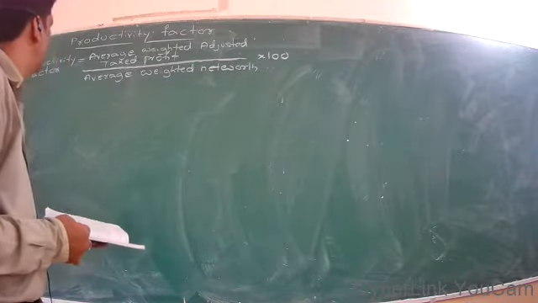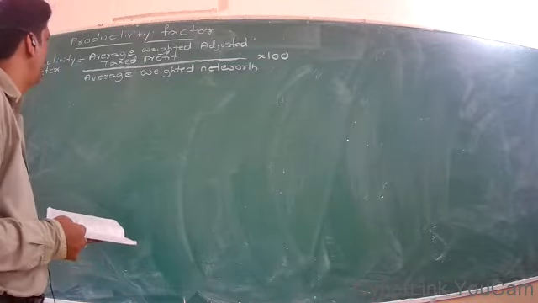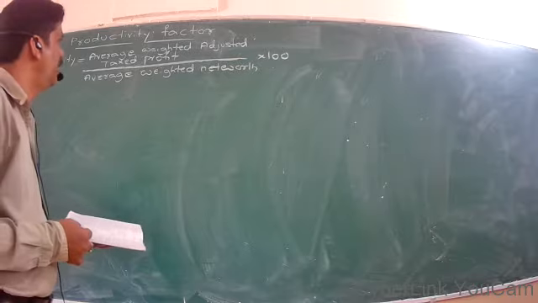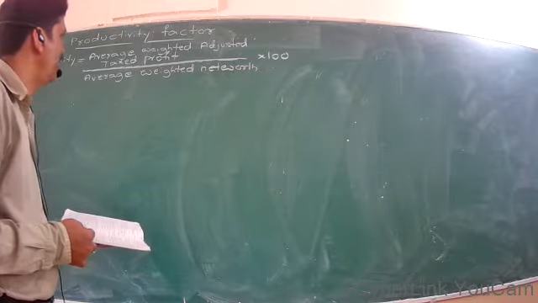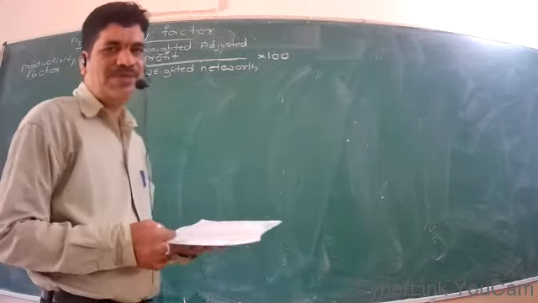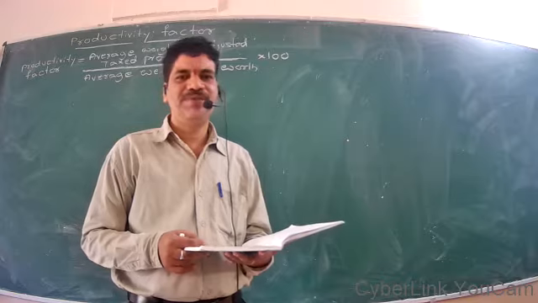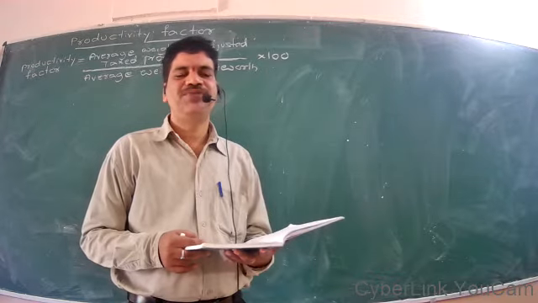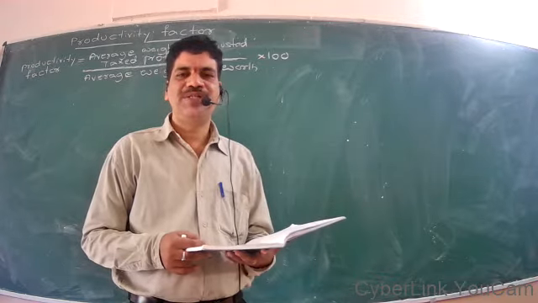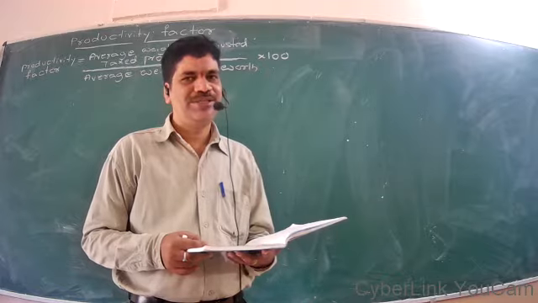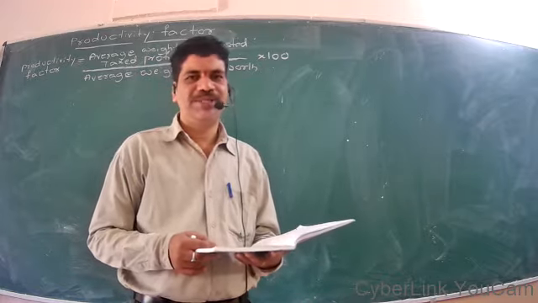That means productivity factor is equal to average weighted adjusted tax profit divided by average weighted net worth into 100. This is the formula for the calculation of value of equity share based on this productivity factor method.